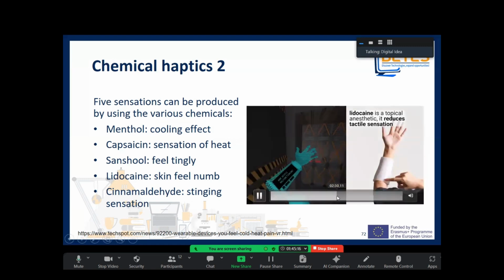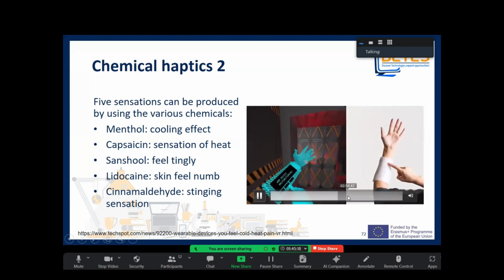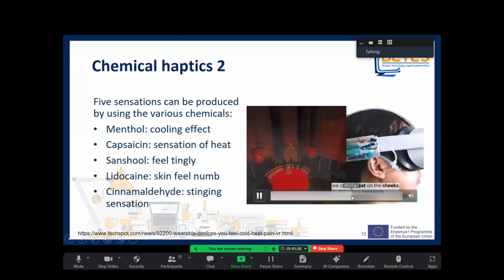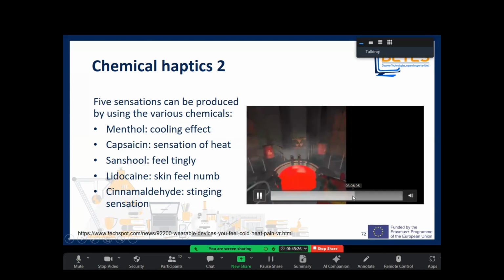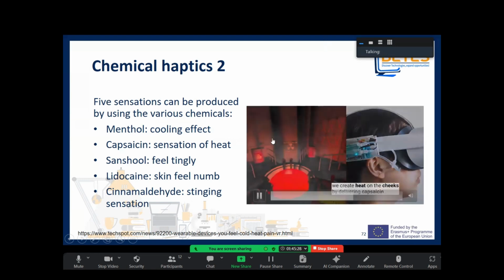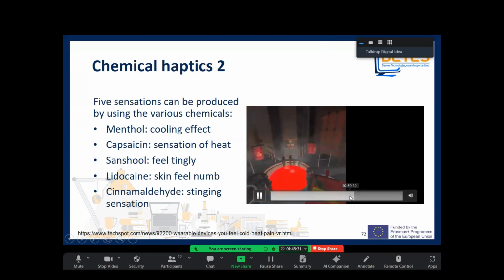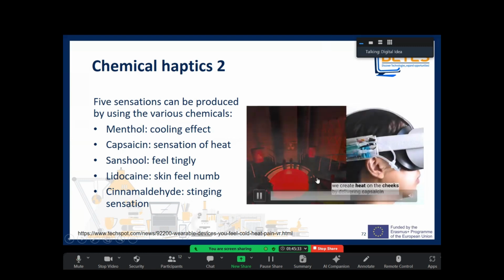And here, for example, if you enter a hot room, heat on the cheeks. You see, you enter the room, you have to create heat on the cheeks so they deliver capsaicin so that you feel hot by entering the room.